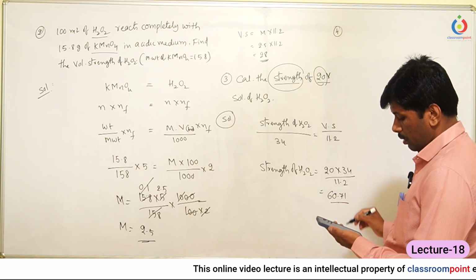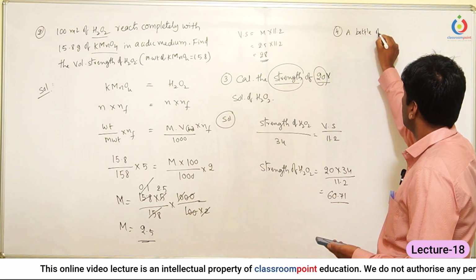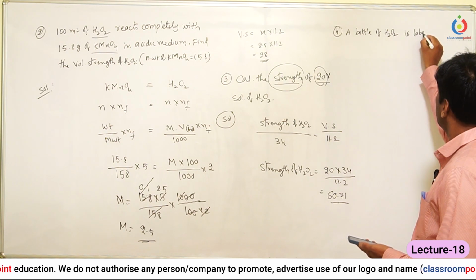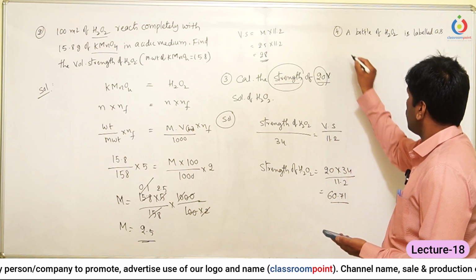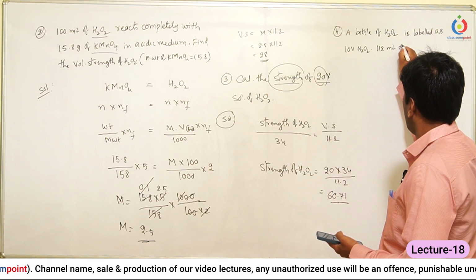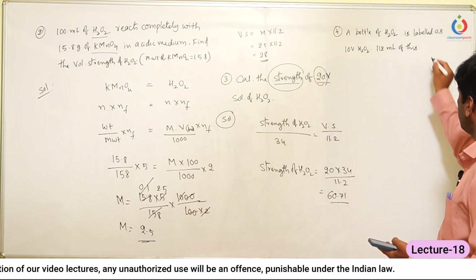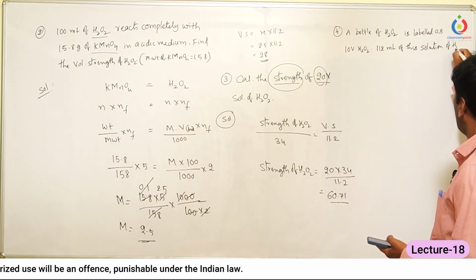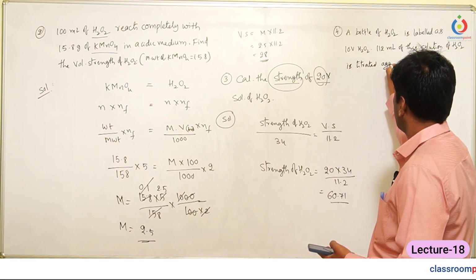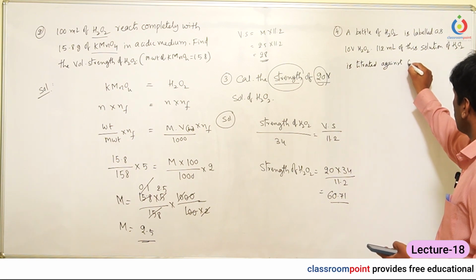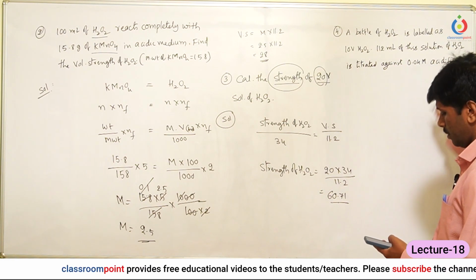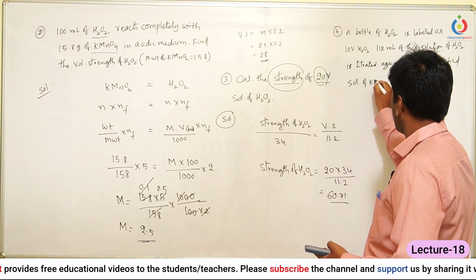Next question. A bottle of H2O2 is labeled as 10 V H2O2. 112 ml of this solution of H2O2 is titrated against 0.04 M acidified solution of KMnO4.